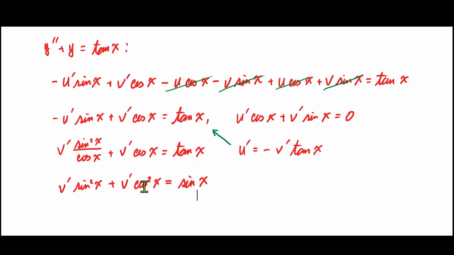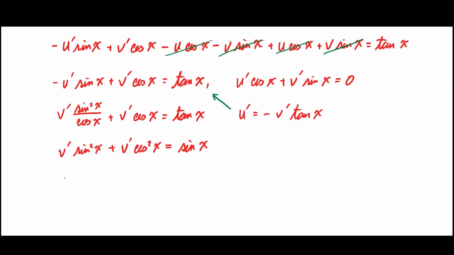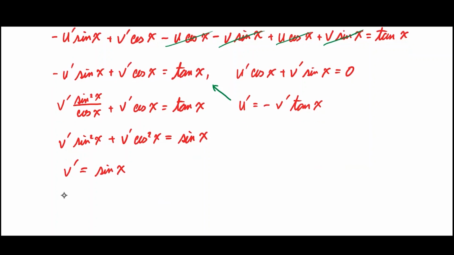Tell me you know that much. This is just v prime. Sine squared plus cosine squared is 1. Yeah. Is equal to sine x. How about that? That is convenient now, isn't it? So, antiderivative of this, because we really want v, which is a function of x, right, is negative cosine of x. How about that?